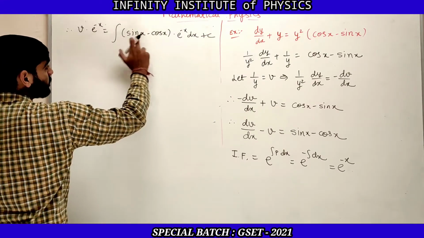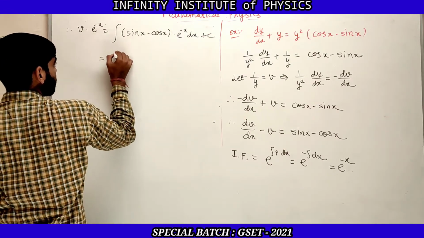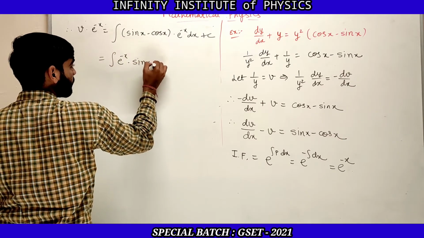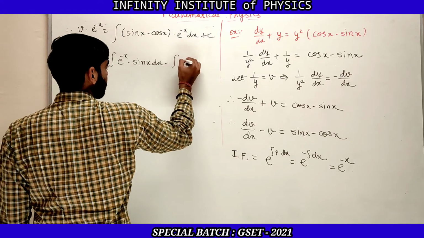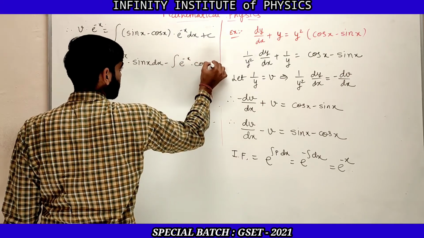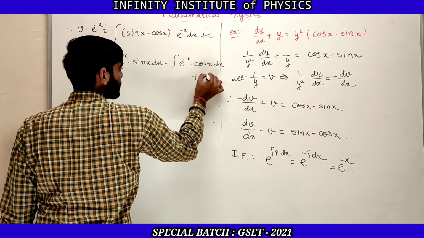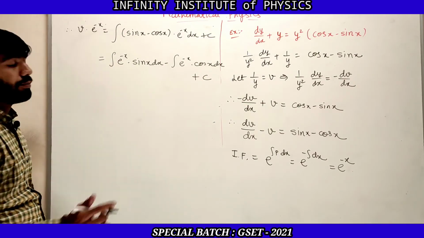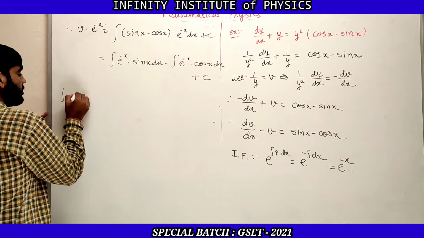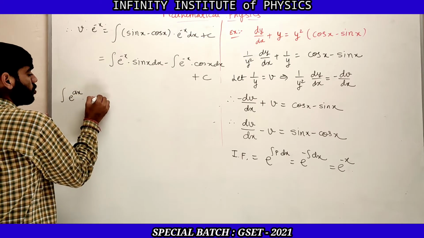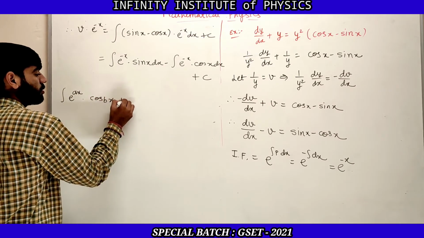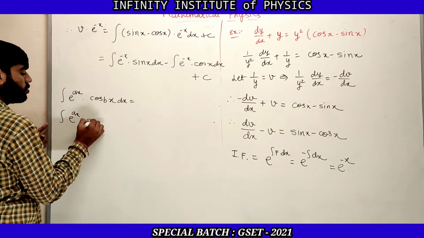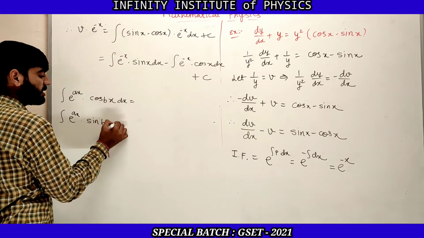Now distribute the sin and cos to that particular term, then it will be integration e raised to minus x into sin x dx minus integration e raised to minus x into cos x dx plus c. Now we have two types of formula, integration e raised to ax into cos bx dx and integration e raised to ax into sin bx dx.